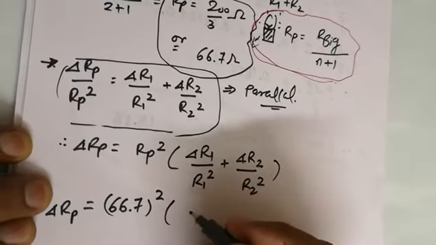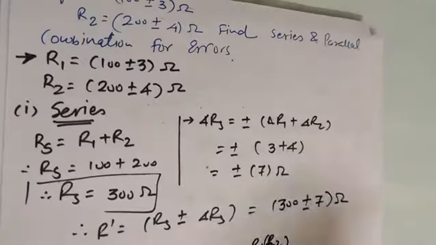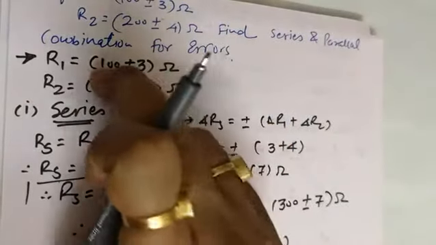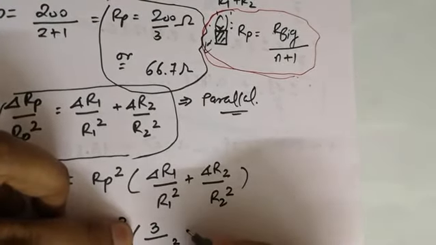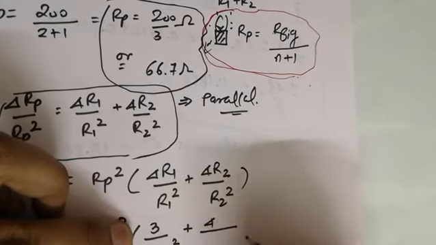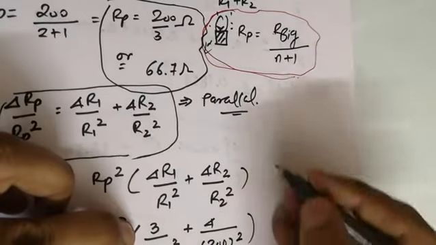Delta R1 is 3, and R1 is 100, and it is squared. It would be 10 to the power 4. Delta R2 is 4 and R2's value is 200, squared.